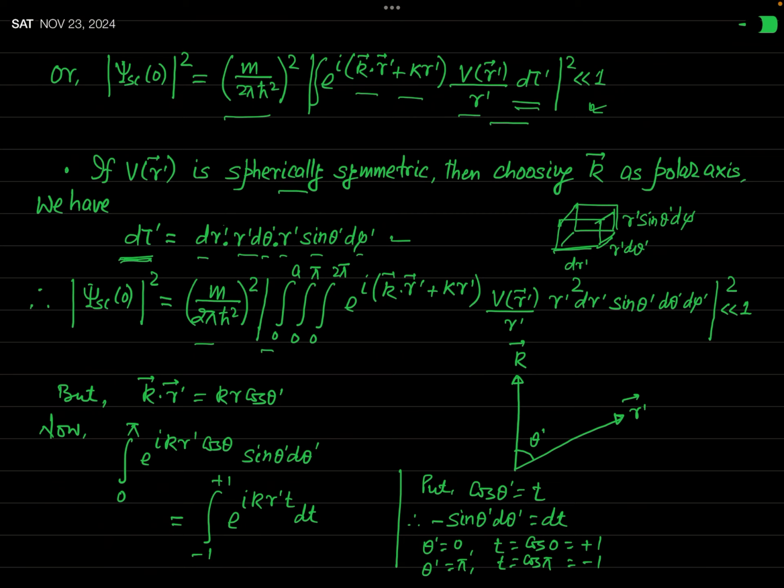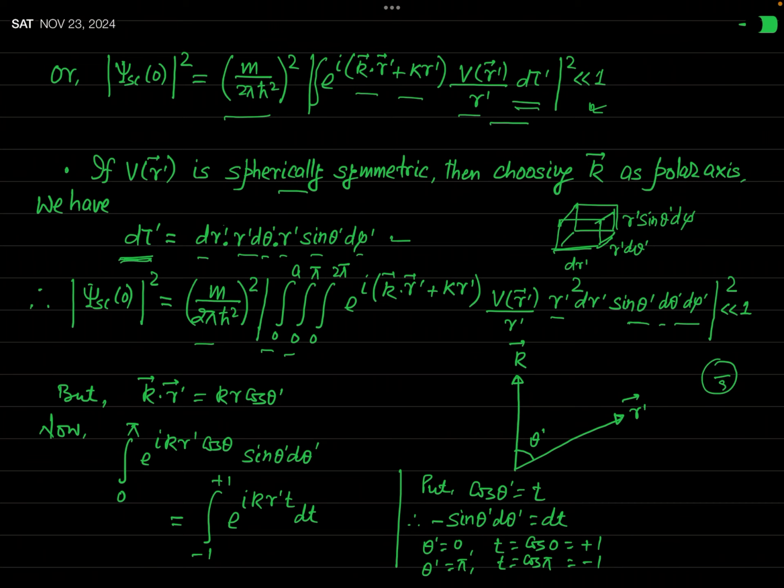Actually this first integral is for r dash, and we have assumed here that there is a sphere whose radius is a. Okay. So the limit for the r dash is 0 to a. And this second integral, whose limits are 0 to pi, is for the variable theta, that is sine theta dash d theta. Okay. And the third integral, whose limits are 0 to 2 pi, is for this d phi dash. Okay.